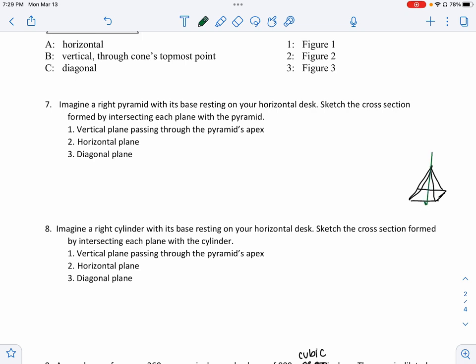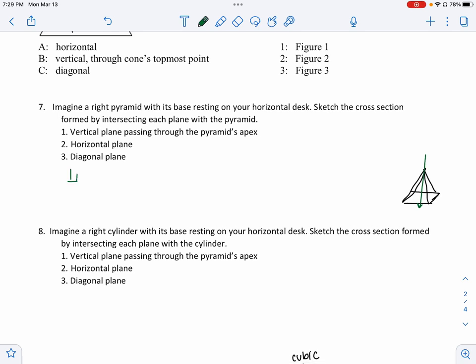A vertical one passing through the pyramid's apex is going to create a triangle. A horizontal one is going to create a square or a rectangle. And a diagonal plane, it's kind of hard to see, but it'll create a trapezoid. Because as it goes diagonal, the space right here is going to be longer than the segment right there. So it's going to be a trapezoid.